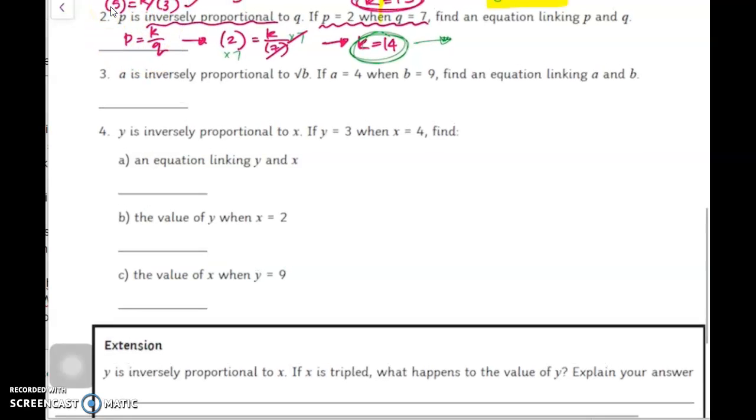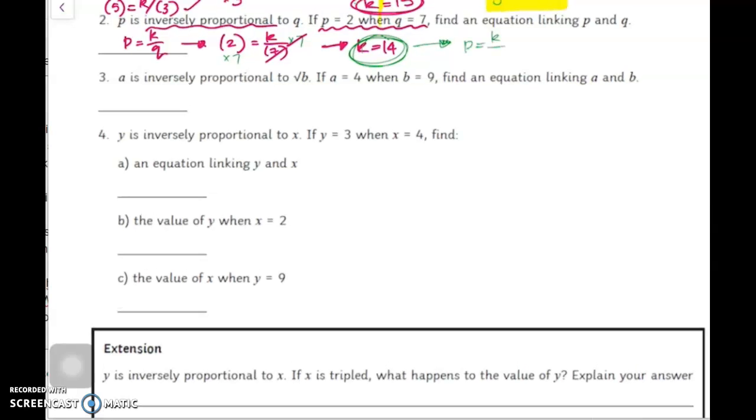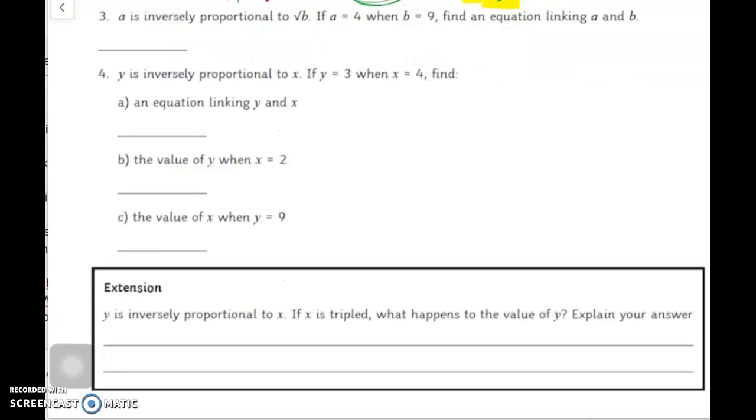Okay, and that would give us P equal to 14 over Q. Now the question is only asking us to find the equation, and so that would be your final answer. Now the next question is a little bit different, but the steps that we go through to answer this question is pretty much the same.